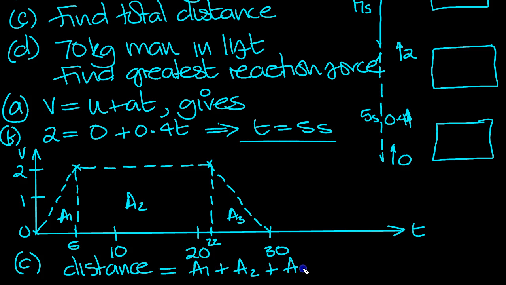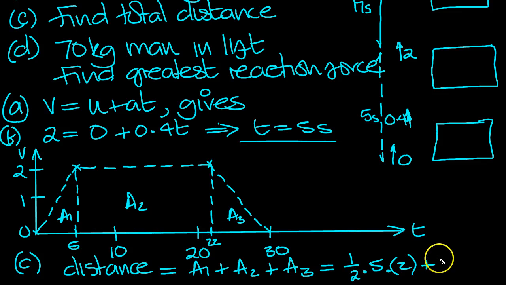A1 is half base times height: half times the base, 5, times the height, 2, plus the area 2, which is a rectangle, 2 times this length.